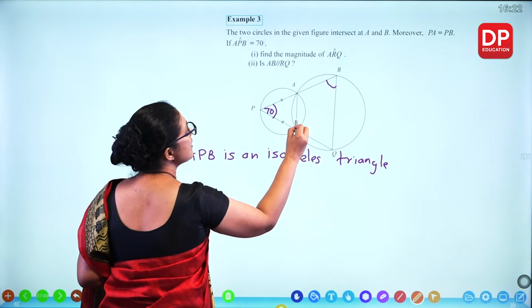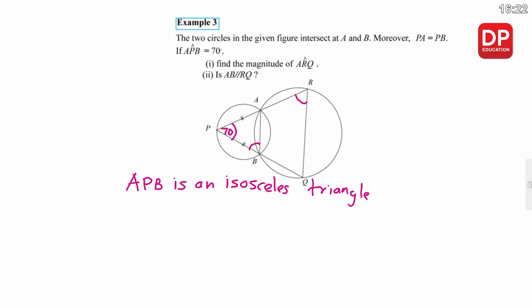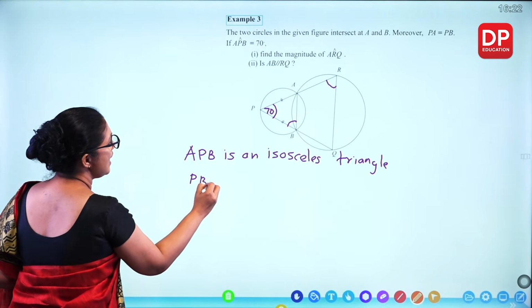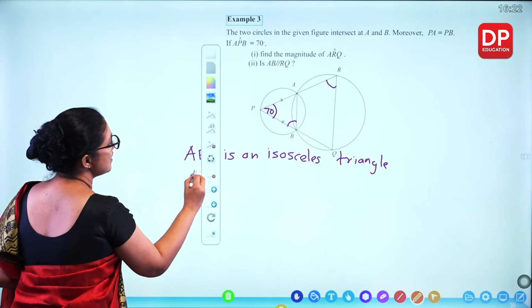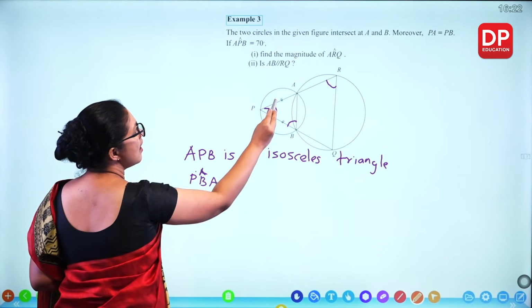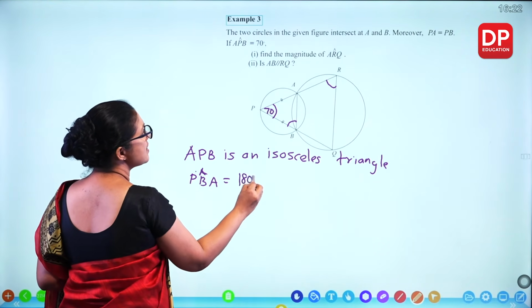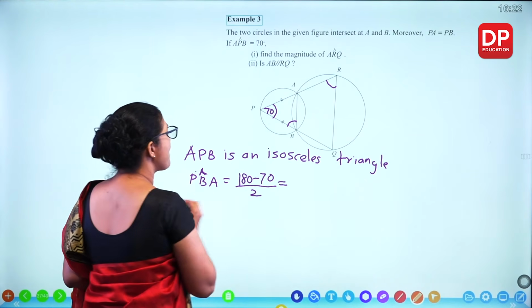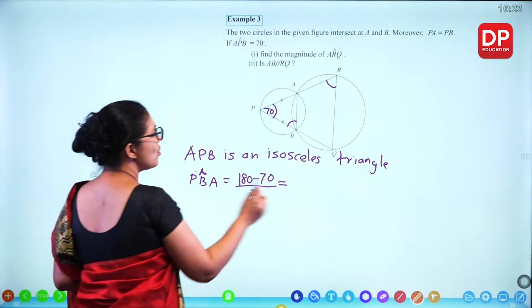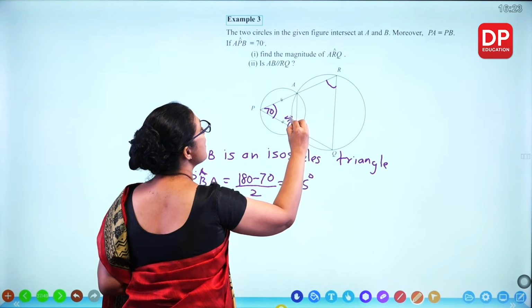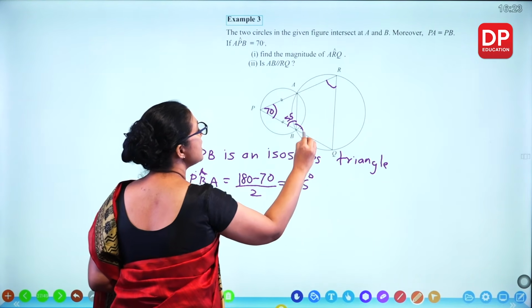So, what's this angle? We'll write PBA angle is 180 minus 70 divided by 2. 110 divided by 2, that's one angle is 55. So, this is 55. So, what's this angle then?